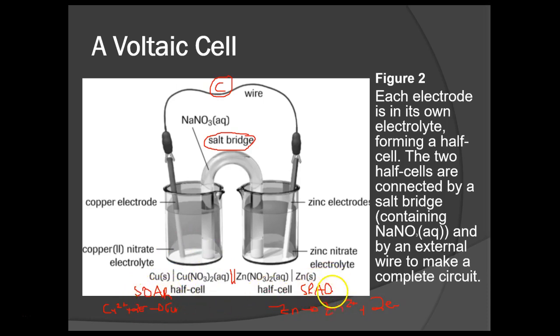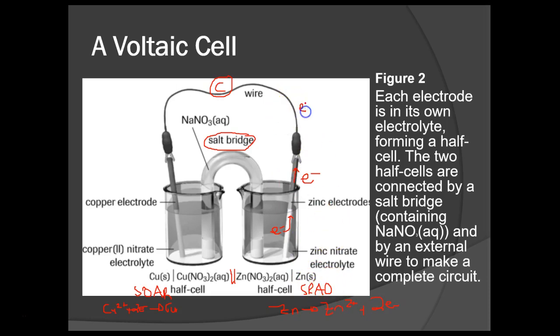We know that oxidation is a loss of electrons, and we know that reduction is a gain of electrons. So what's happening in this voltaic cell is that electrons are being lost over here. So we have electrons that are moving up the electrode, being lost at the oxidation half cell.